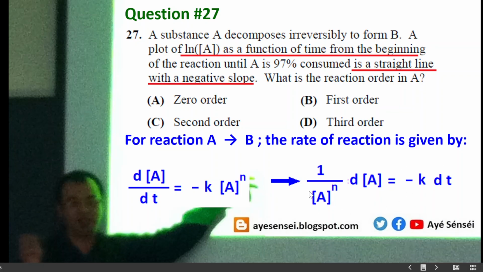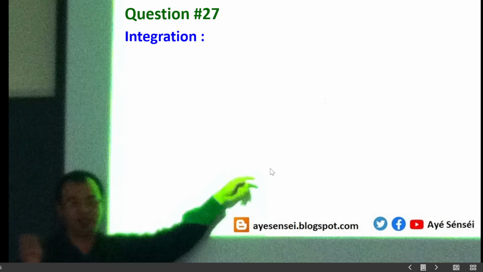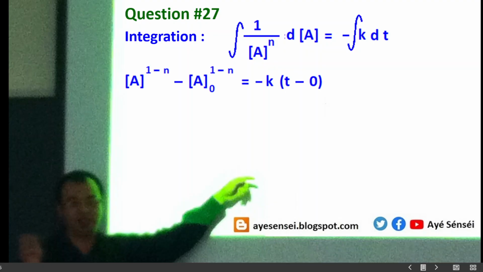This is what we get, and this is a differential expression, so we need to do some integration. So we do the integration like this, and this is what we get. A0 is the initial concentration of A. Basically we can apply this if n doesn't equal 1.